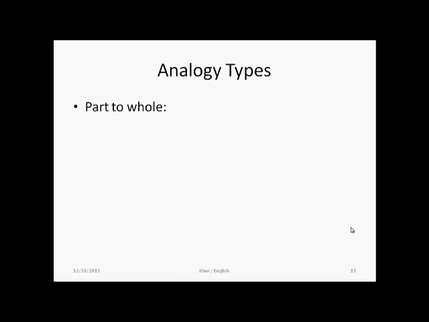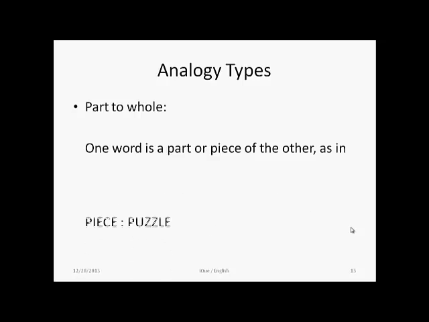Another type of question in analogies is the part to whole. One word is a part or piece of the other, as in piece of a puzzle, page of a book, lead of a pencil, gear in a machine, and so on.